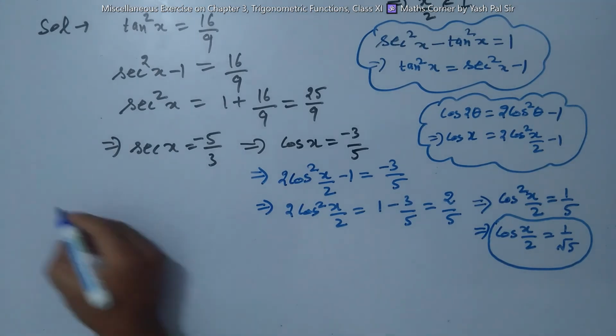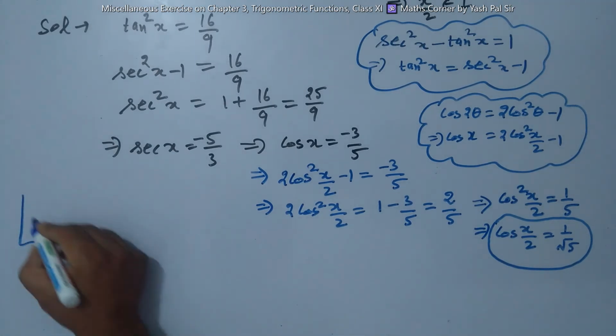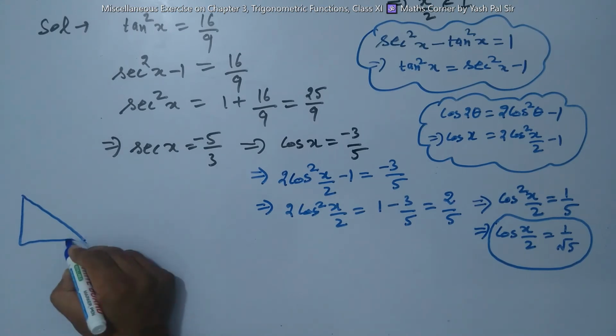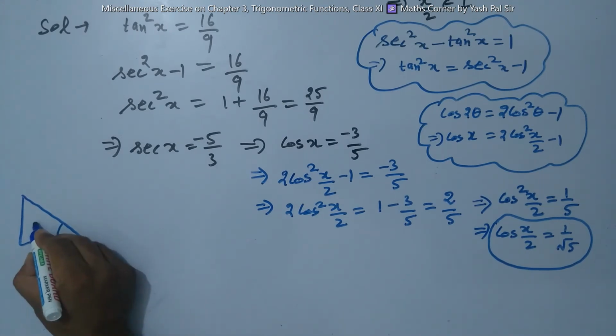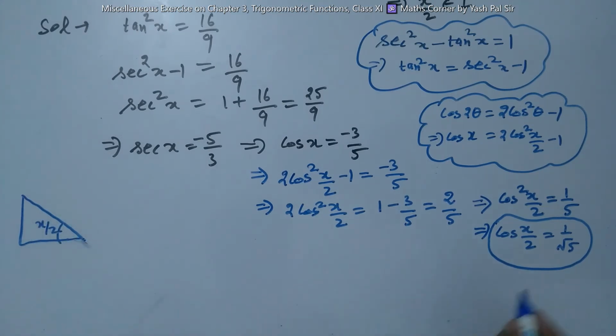Now in a right angled triangle we can find the other t ratios also. If this angle is x by 2, cos x by 2 is given, which means base upon hypotenuse is equal to 1 upon square root 5.